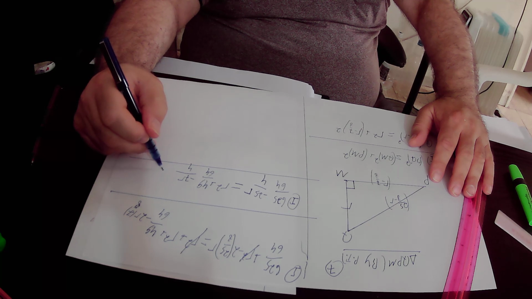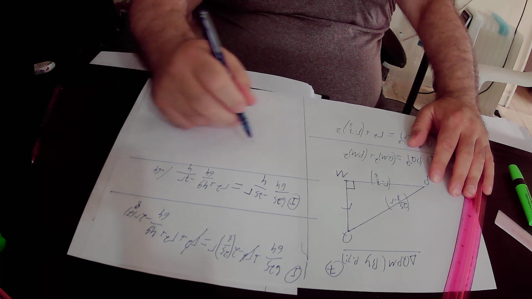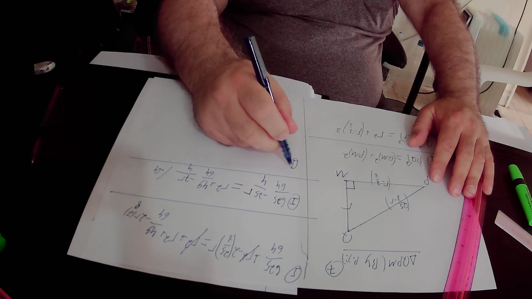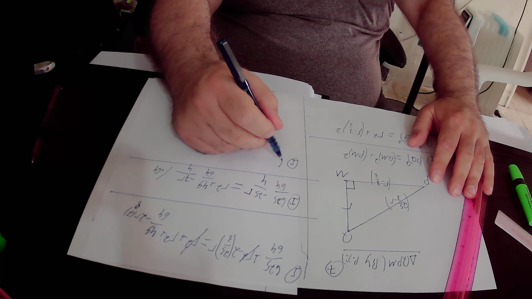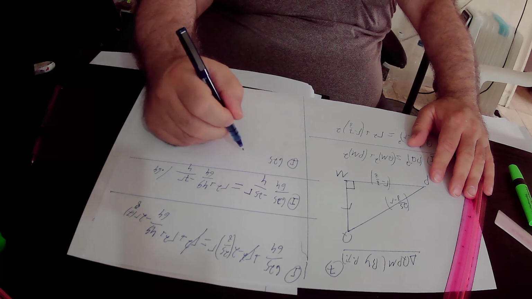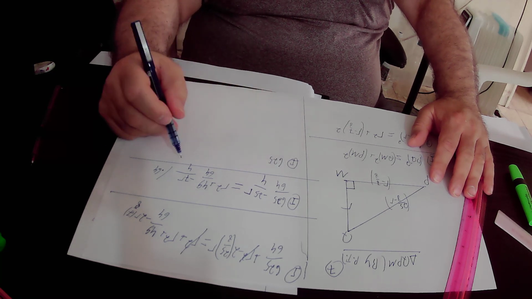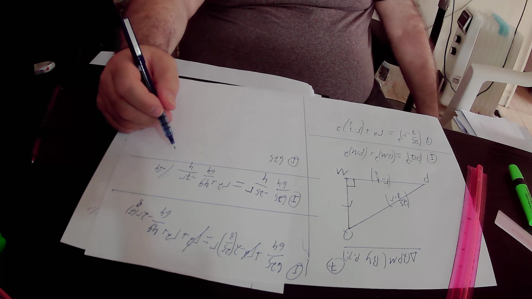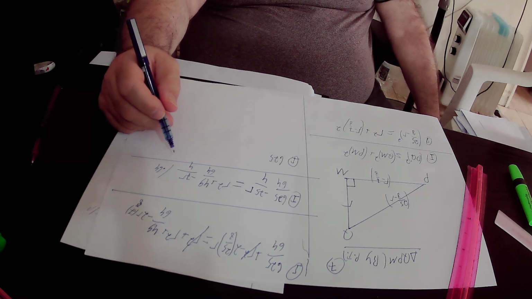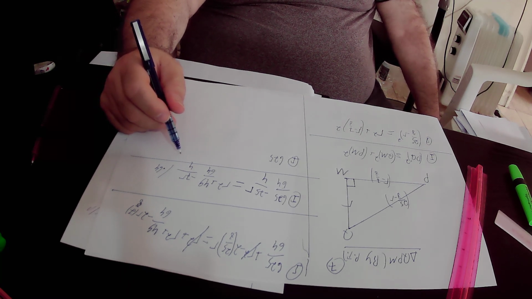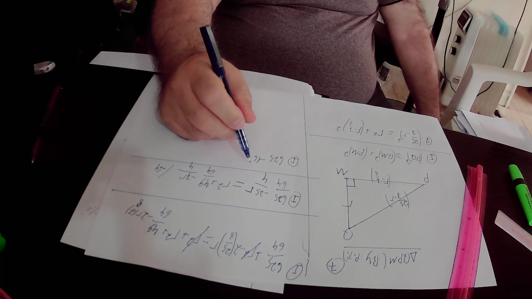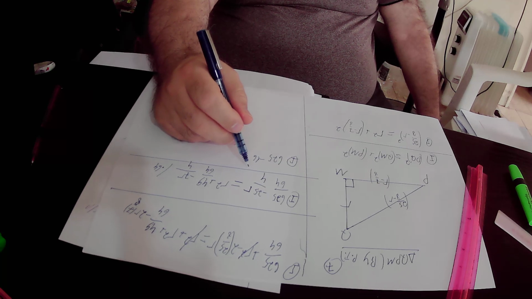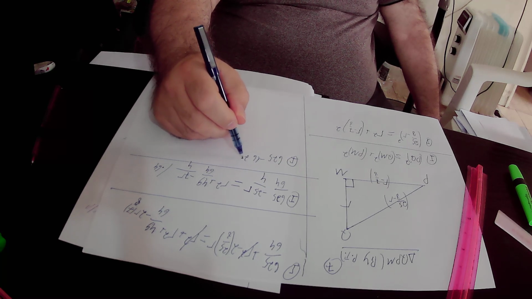Here we will multiply this equation number 1 by 64, and we will get that 625 times 64 over 64 equals 625. And here we have 64 times minus 25r over 4, where 64 over 4 is 16, so this gives minus 16 times 25r.